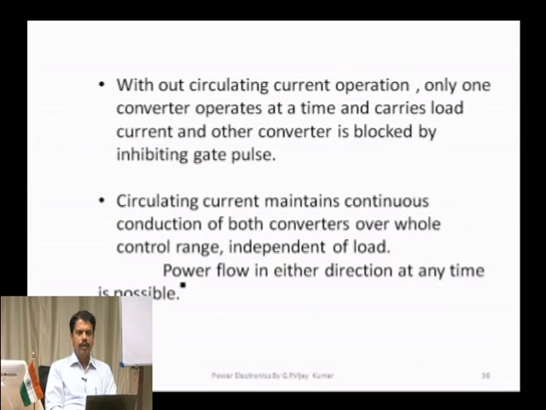In quadrant 2 operation, your current will be negative and voltage is positive. Quadrant 3, both are negative. Quadrant 4, one will be positive, other will be negative. So, these are the 4 quadrants of operation in a full dual converter.